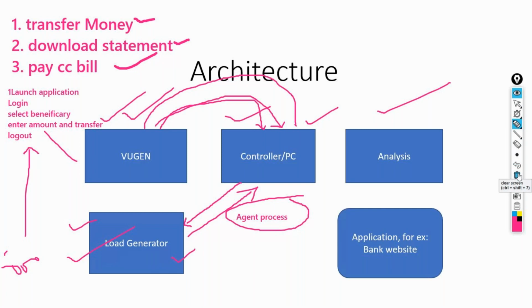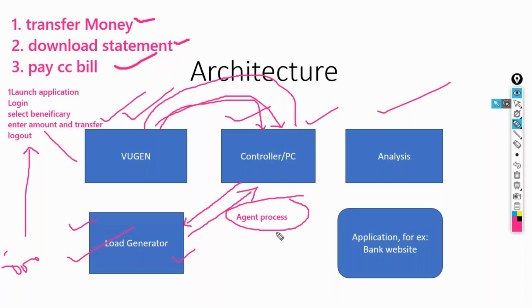So what is the agent process actually? It's like a bridge between these components, so that data transfer can happen between them. The agent process is a kind of component itself. From the controller, the scripts and the related dependent data will be transferred to the load generator, and once the actual execution happens, the results should also be sent back.